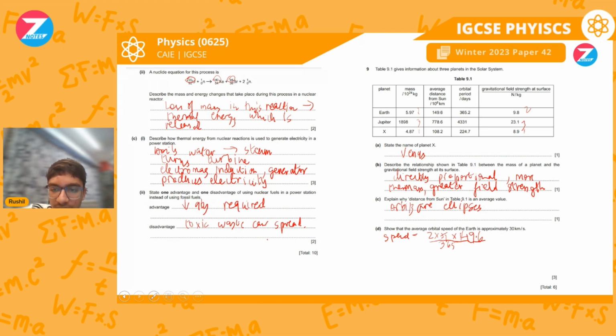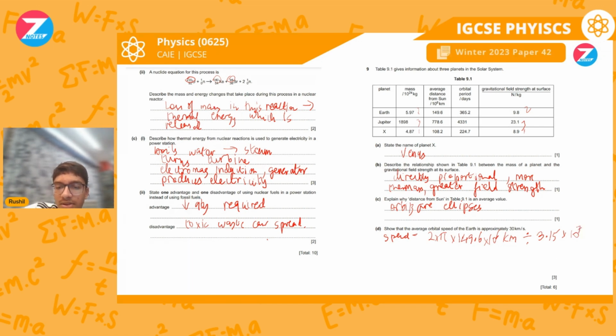So while it's a lengthy number, this basically comes out to 31.56 million seconds. So the orbital speed is going to be 2 into pi into 149.6 into 10 to the power 6 kilometers divided by 31.5 million, so 3.15 into 10 to the power 7.